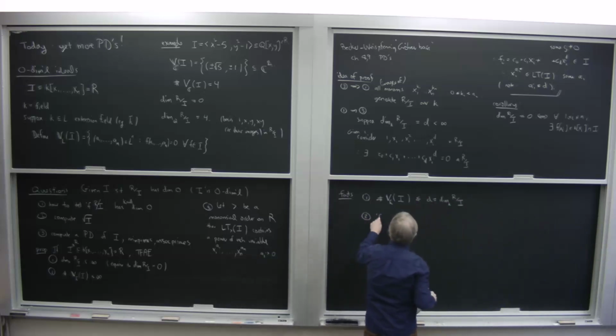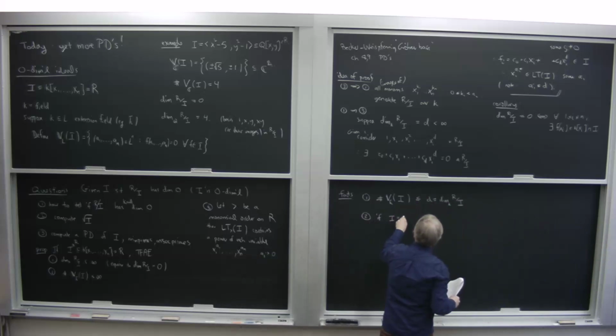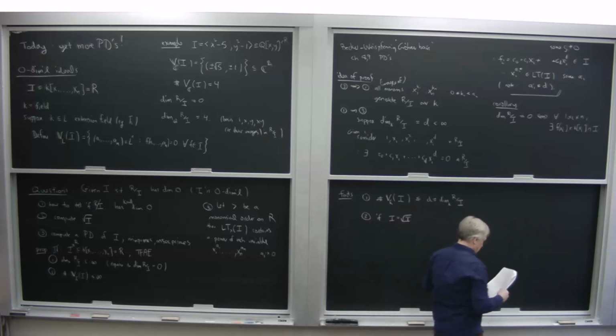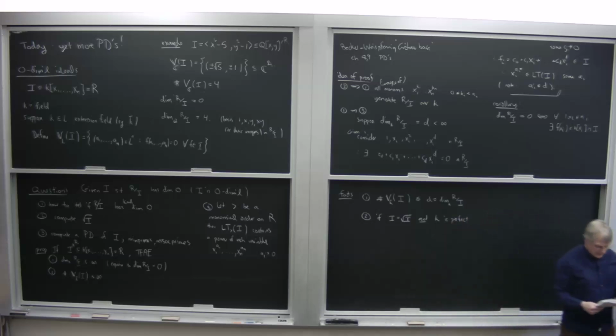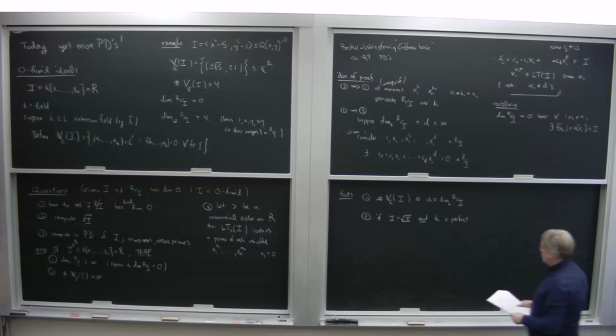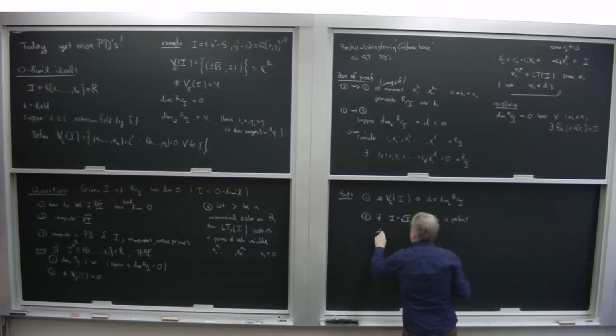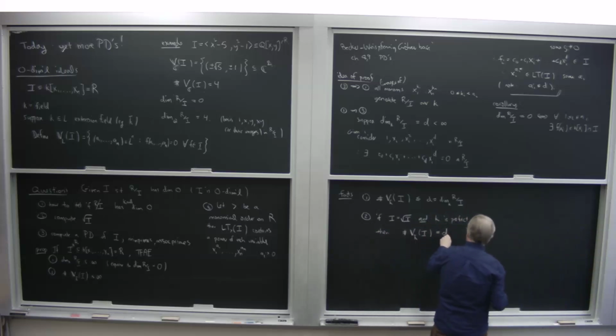However, if I is equal to the radical of I, so it's a radical ideal, and k is perfect, we'll talk a little more about perfectness later, then in fact the number of points over k bar of I is precisely this number d.